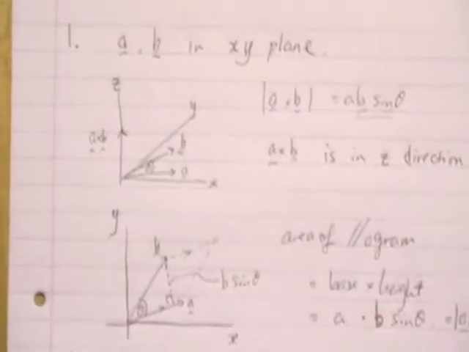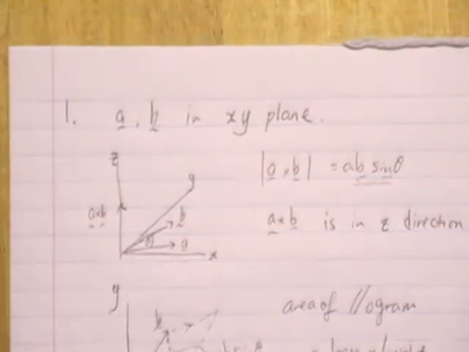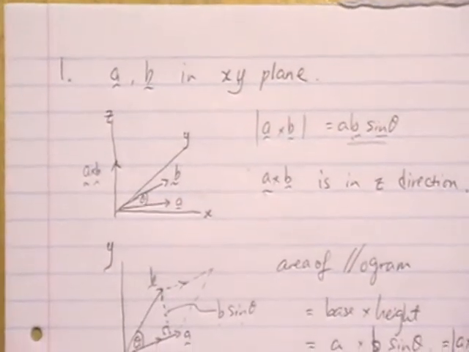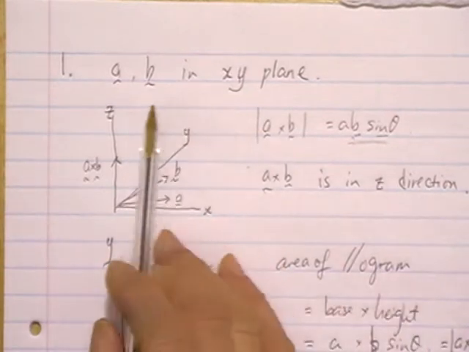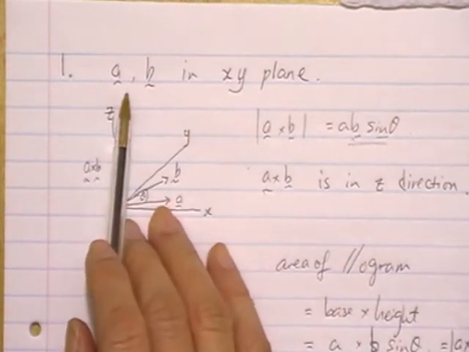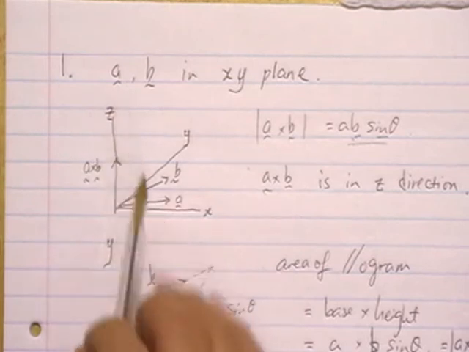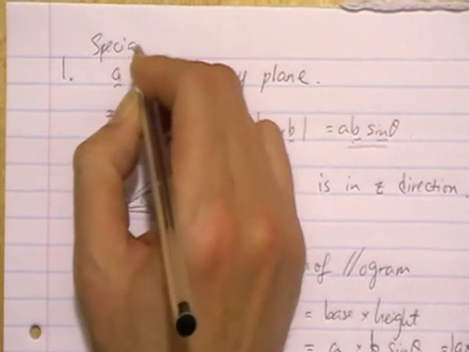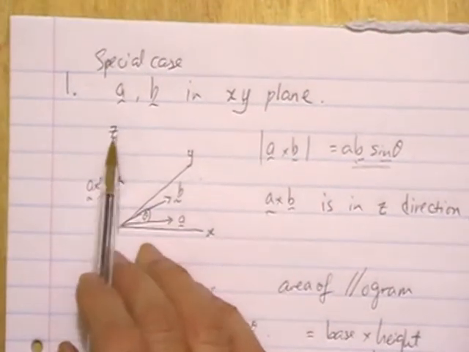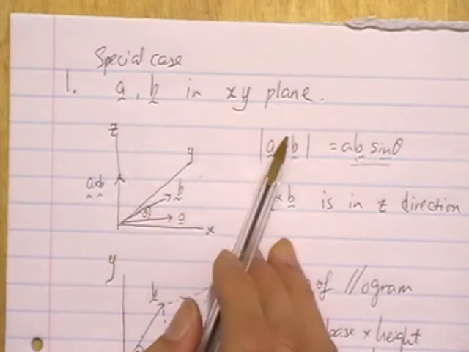So if I come back to what I wrote at the start, I wanted to prove the first property for the special case, right? This is a special case when A and B are both in the xy plane.